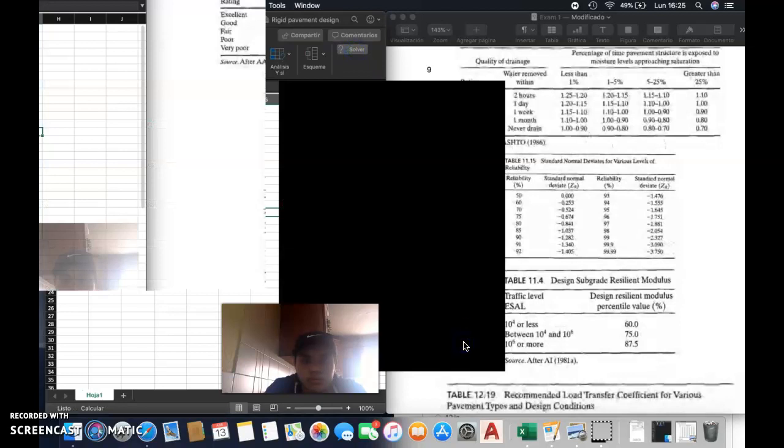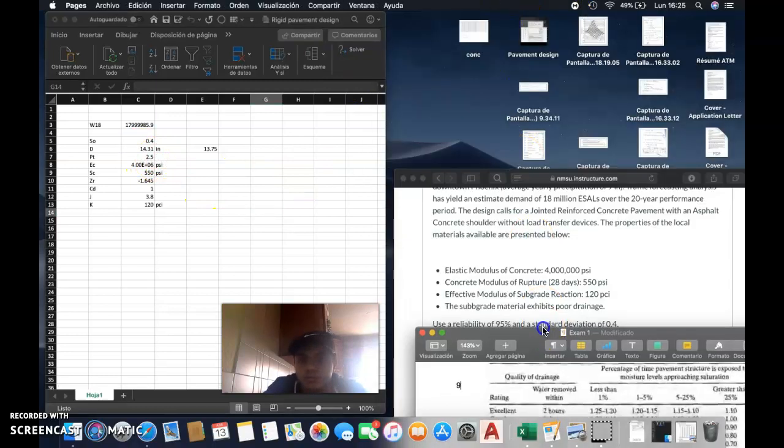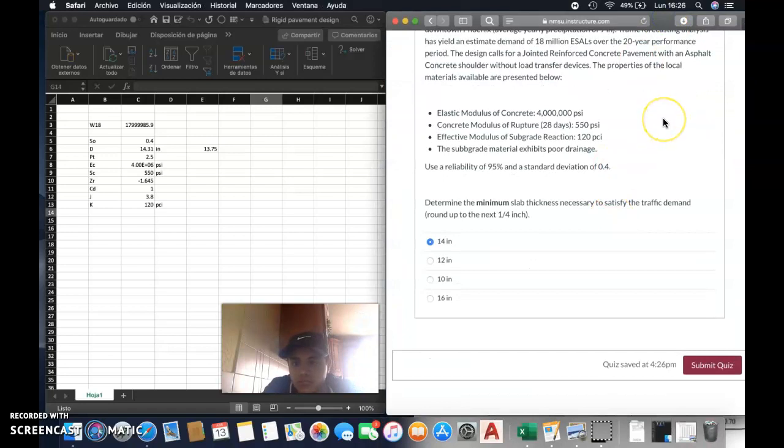Solver, solve, accept, and we get 14. That is not okay. It's not, so I will choose 14 inches as my answer.